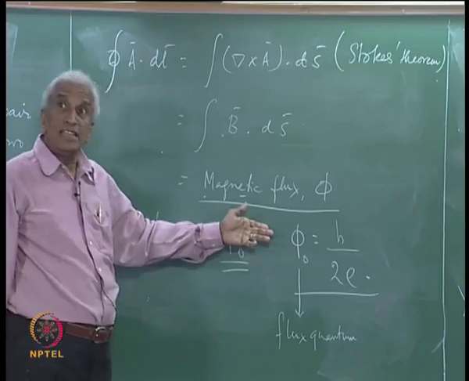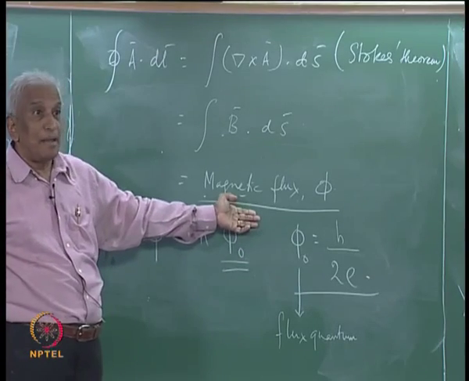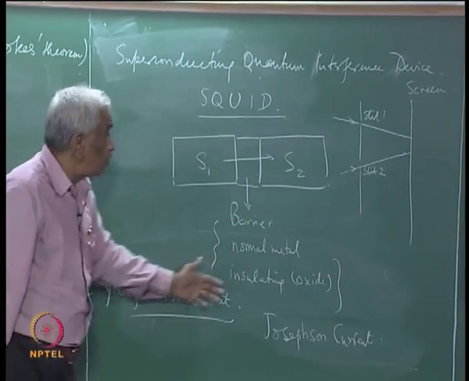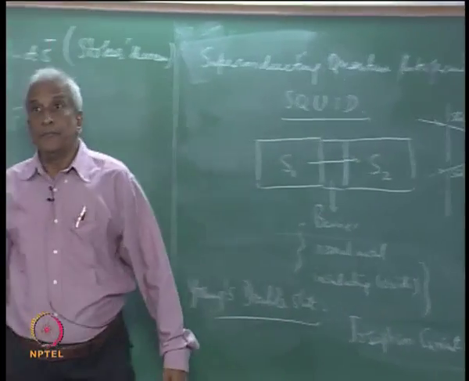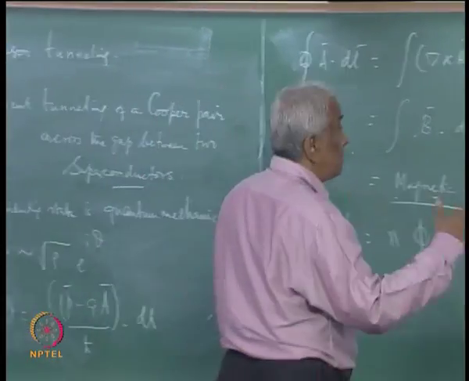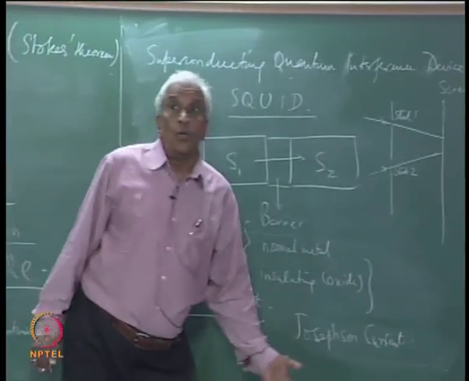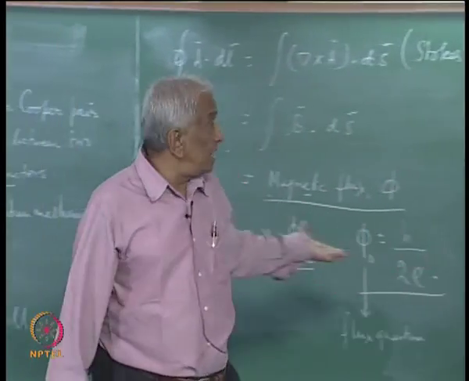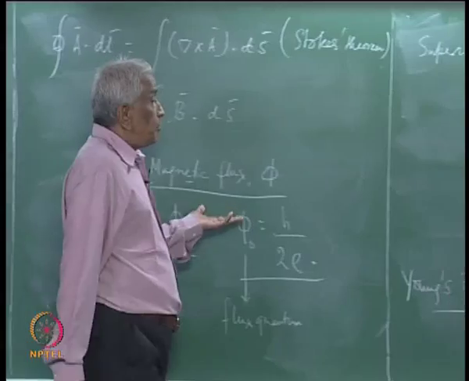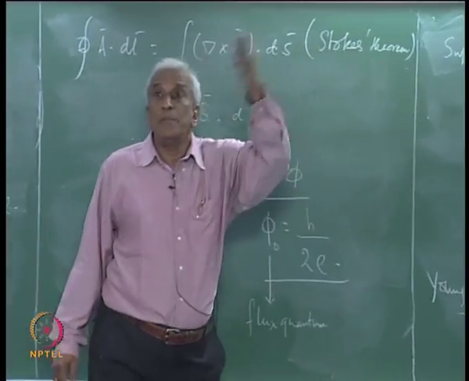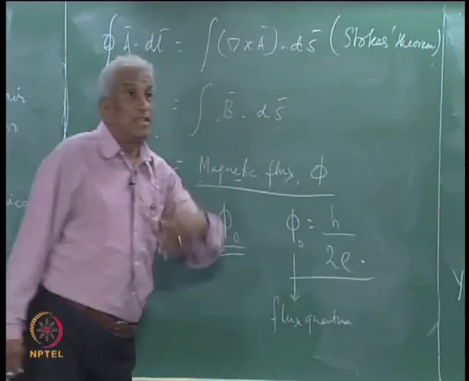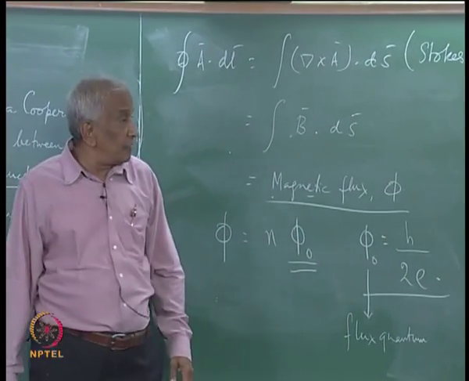Therefore, by varying the magnetic field applied, one can control this phase factor and therefore control the Josephson current. So, by observing the intensity distribution maxima and minima in the Josephson current, one can link it to the applied magnetic flux, and therefore, one is in a position to actually measure the quantum mechanical phase difference, which is produced by this variation in the magnetic flux.